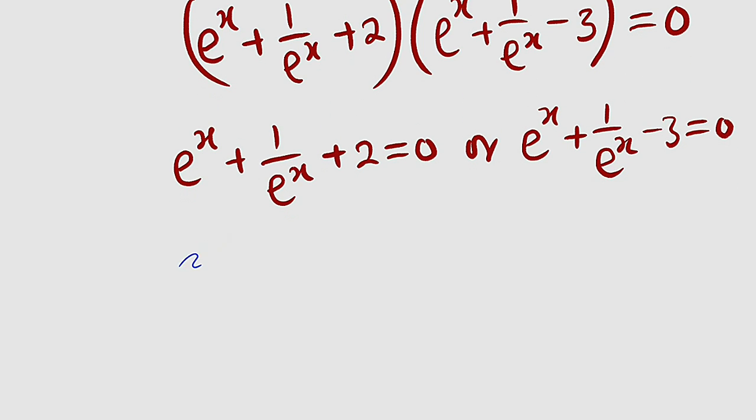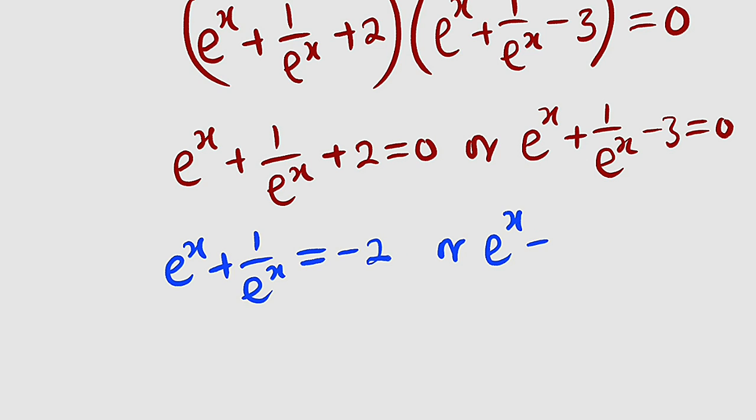Let us rearrange them. We have e to the x plus 1 divided by e to the x equal to negative 2, or e to the x plus 1 divided by e to the x equal to positive 3 if negative 3 crosses over. One thing you should observe, both e to the x and 1 divided by e to the x are positive numbers.